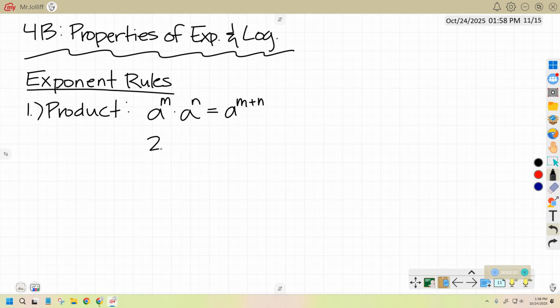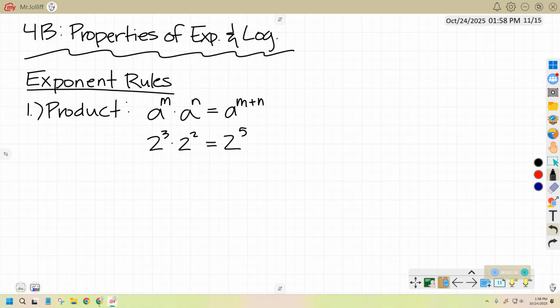So 2 to the third times 2 to the second would be what? 3 plus 2, which is 5. Good. Product rule is just add.